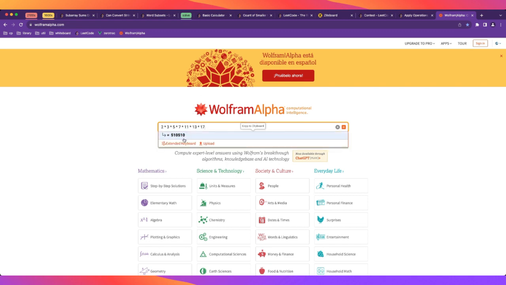And here we already surpassed 10 to the 5, because that's 100,000. So that means that this is already too big. That means that there are at most 6 unique primes.